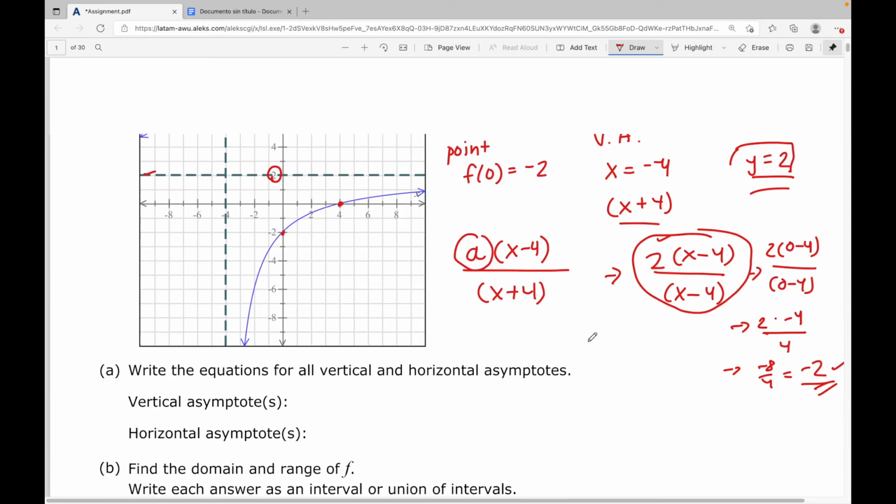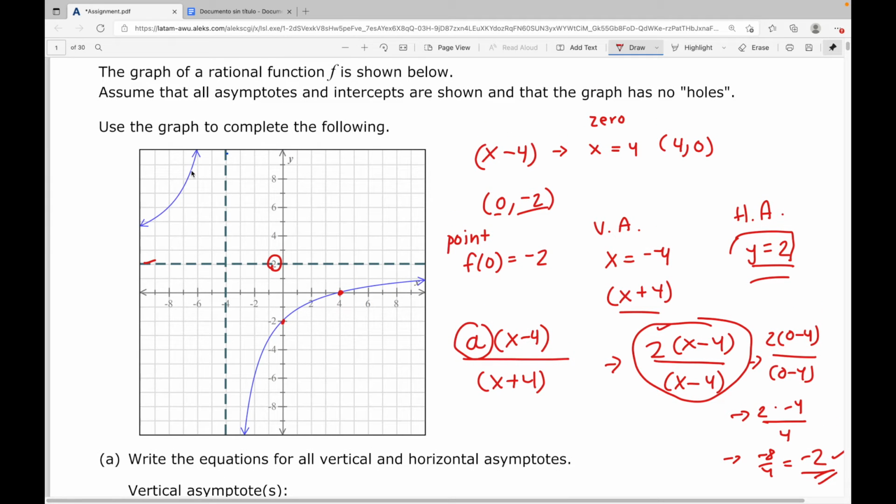The only difference with the other one: let's say we are not given a 0. Let's say the graph goes like that. Then technically, I think the horizontal asymptote will be here. It will be y equals 0 because it never touches the x-axis.